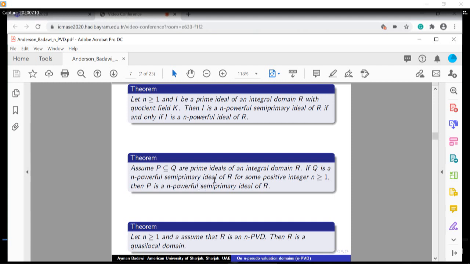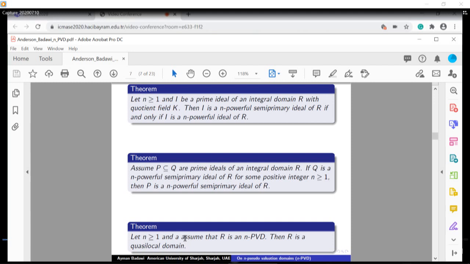You only need to look at the maximal ideals, okay? Well, in fact, there are not many maximal ideals. Look at this result. If R is n pseudo-valuation, then R is a quasi-local domain. What does quasi-local mean? Quasi-local means R contains one and only one maximal ideal.